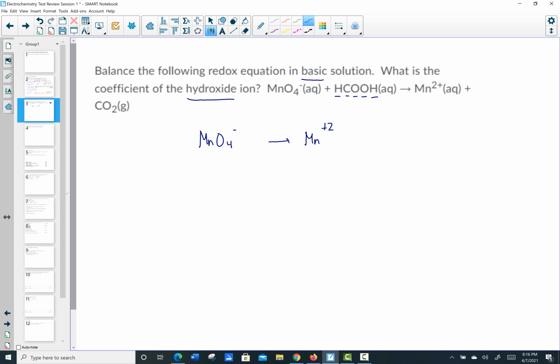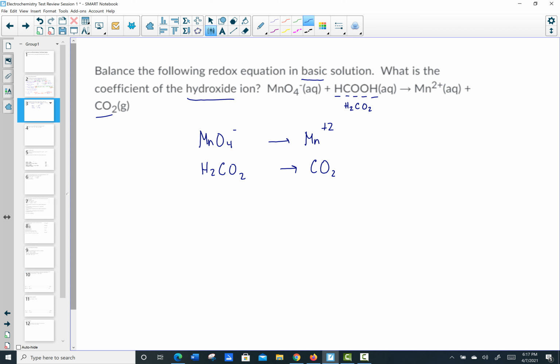So instead of me writing out HCOOH in the half reaction, I'm going to write out H2CO2, combining like elements using subscripts to help me tally. I'm less likely to make a counting mistake when I do that. So the second half reaction will be H2CO2 pointing at the carbon dioxide. So there's our two half reactions.